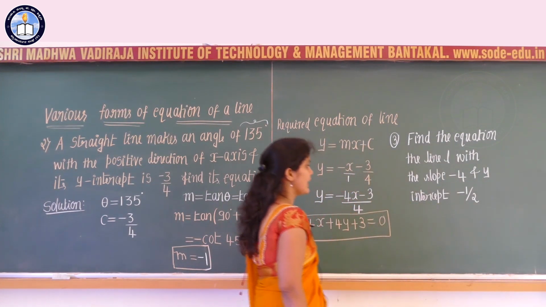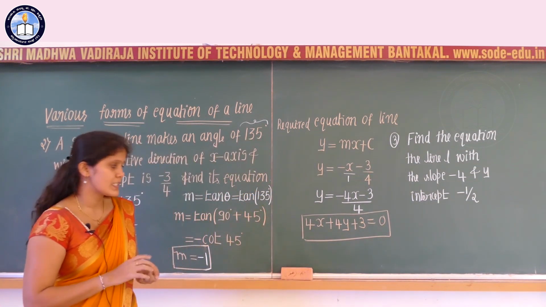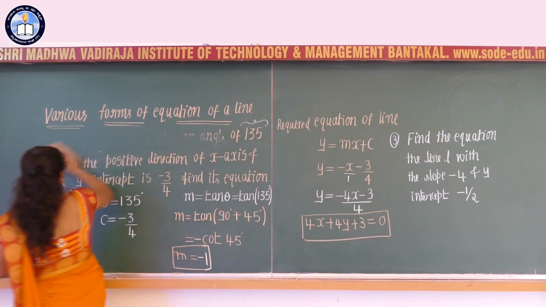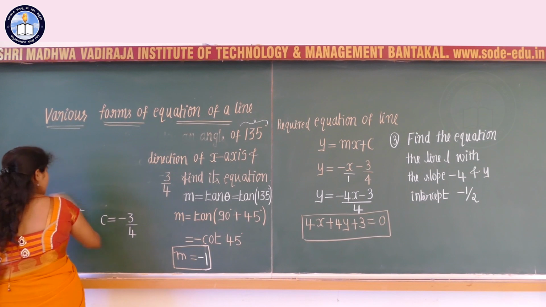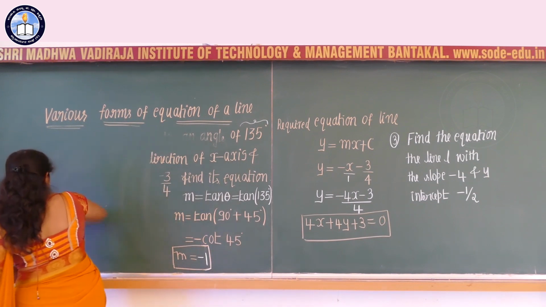Find the equation of the line with the slope minus 4 and the y-intercept is minus 1 by 2. Try to get the solution for this question. So, let me continue with respect to the second form of the equation of a line.